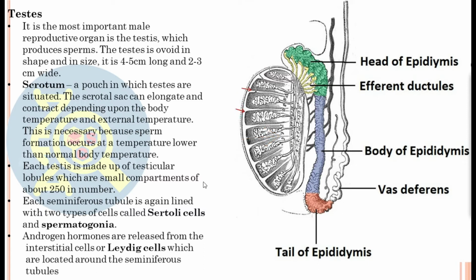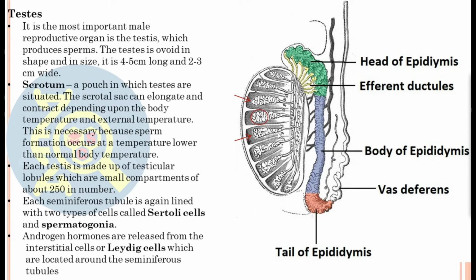These are the septa. These septa result in the formation of chambers like this, and these chambers are known as testicular lobules. There are about 200 to 300 testicular lobules like this, and each of these lobules consists of some convoluted structures like the ones you are seeing here.